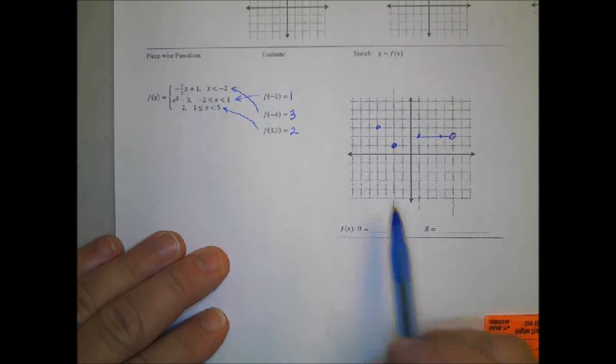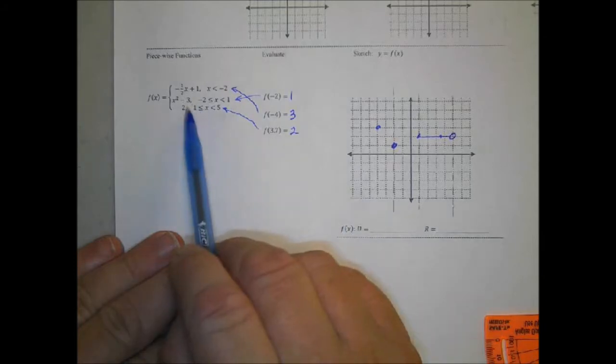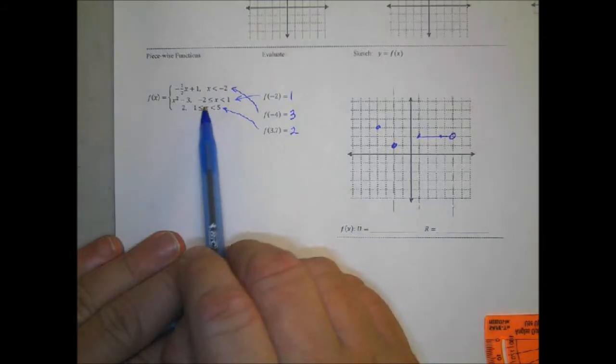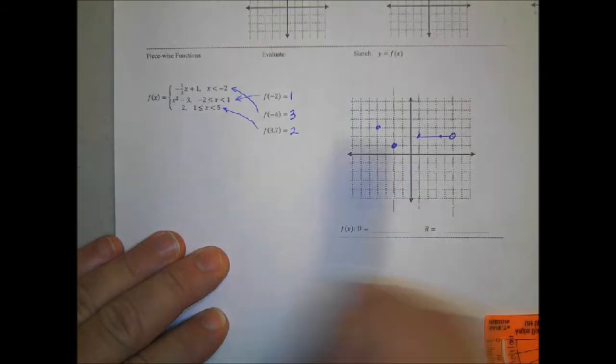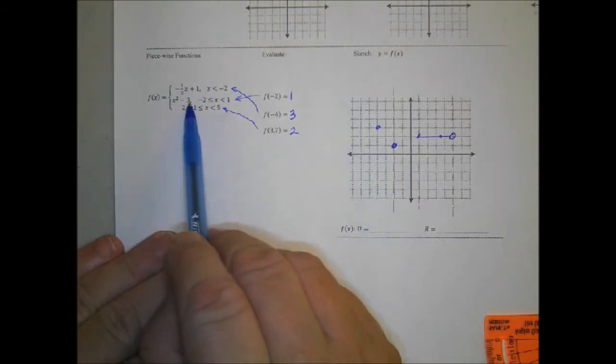Now, let's take the quadratic part, the middle part between here and here. By the equation, I know that it's a parabola, and I know the vertex of the parabola is 0, -3.